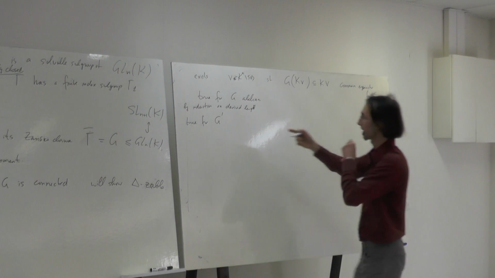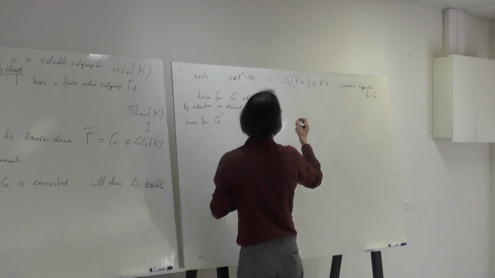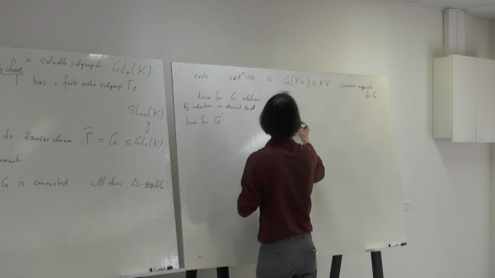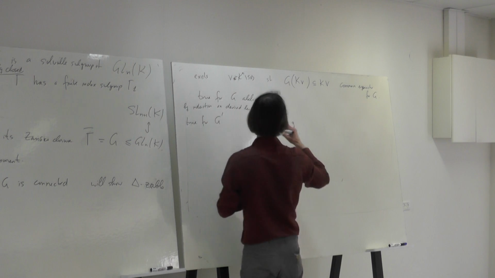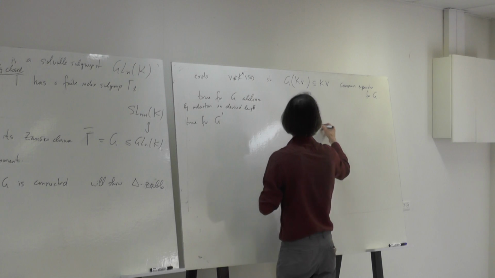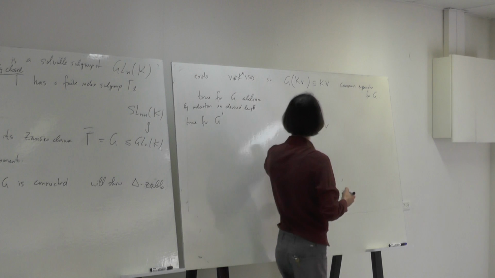So there exists some eigenspace, right? Now, if I have an eigenvector v and an element g, then g maps v to lambda v, and this is the eigenvalue of g.